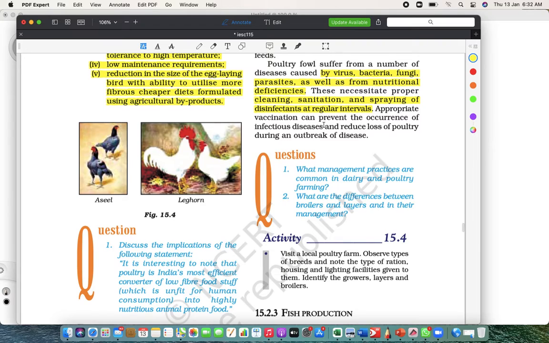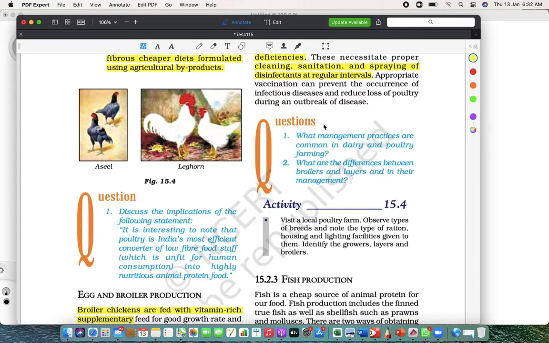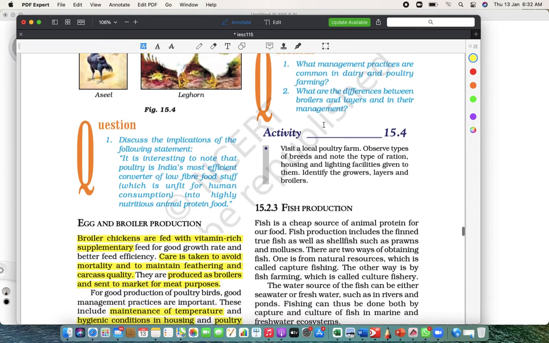Then only there will be no infectious diseases and loss of poultry during an outbreak of disease. During an outbreak, if a chicken gets any disease, the whole poultry farm will get the disease and the whole production will end up, so nobody will get anything. That is the reason it should be taken care of at the most.